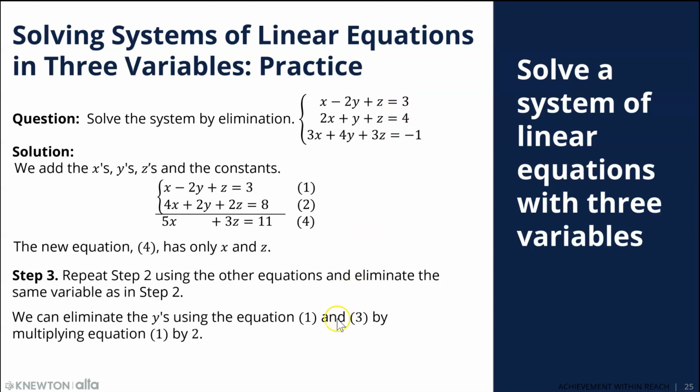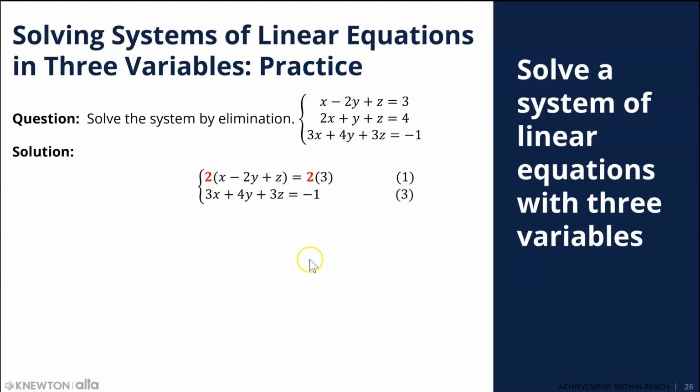So for instance, we pair equation 3 to equation 1, and then we eliminate the same y variable in equation 1 and equation 3. And we can obtain that by multiplying 2 to the first equation to get negative 4y on the coefficient of y.